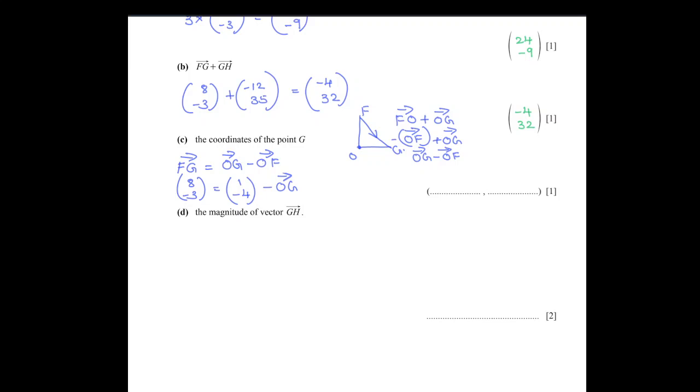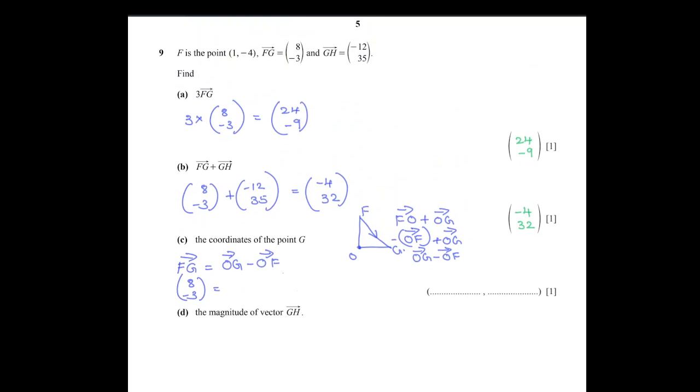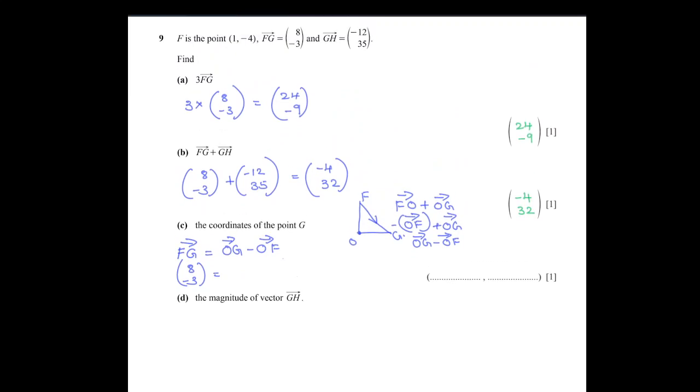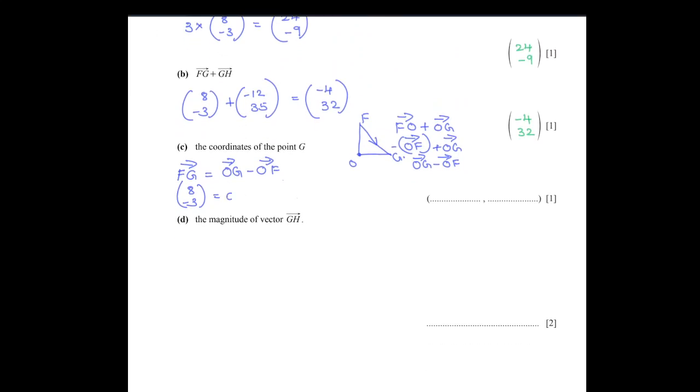Okay. So to get OG we have to do FG plus OF. Here OG is not given to us, and OF is (1, -4). So I need to add these two to get OG.